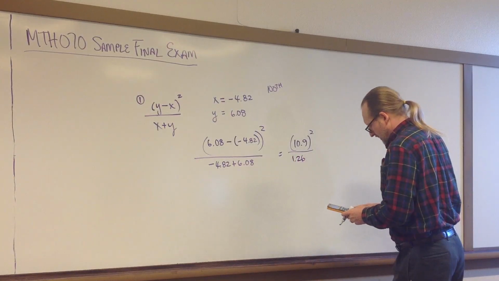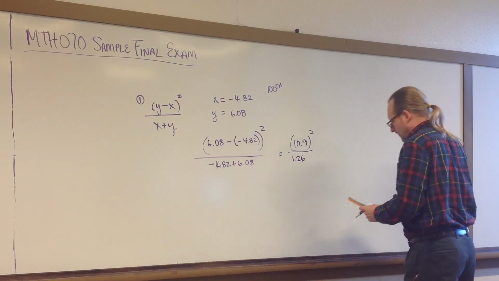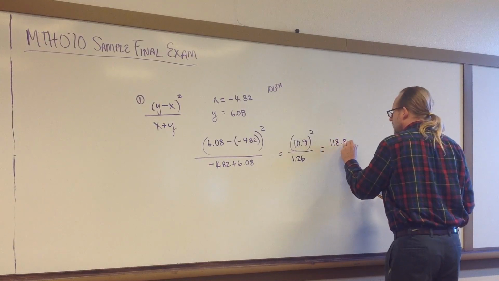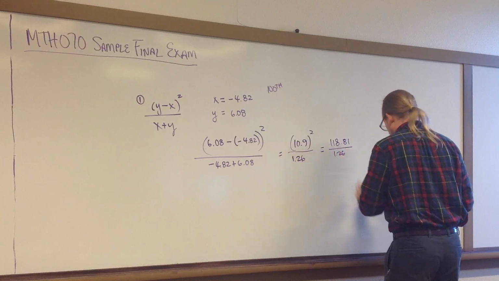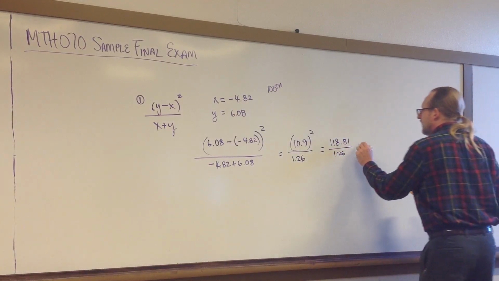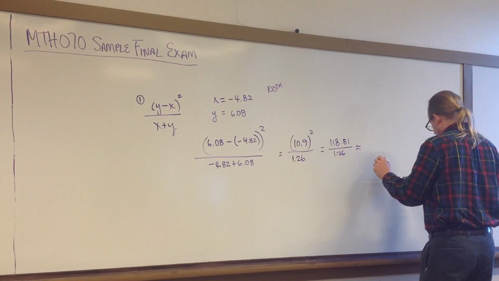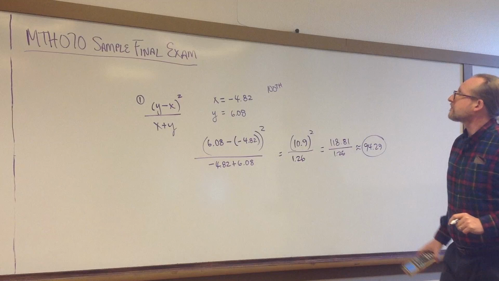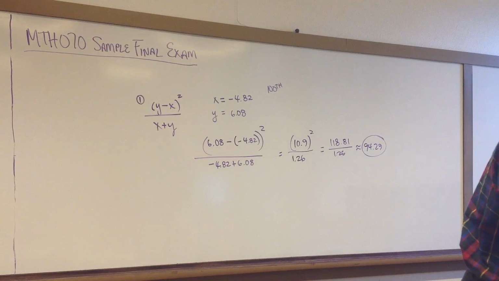Let's take that 10.9 and square it. 118.81, and then we'll divide by 1.26 and round to the nearest hundredth, which is going to be 94.29.